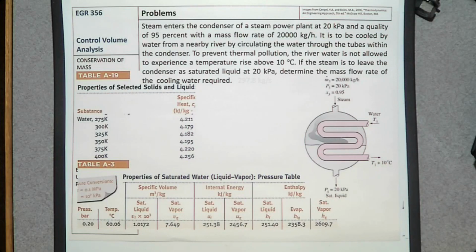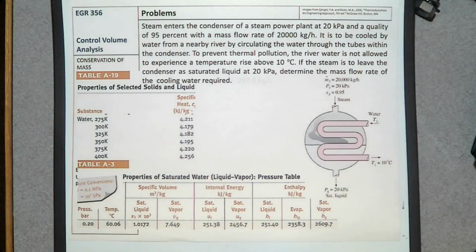If you decrease the condenser pressure, you can increase the enclosed area of the Rankine cycle to increase the efficiency. You can go check EGR456, chapter 8. The lower the condenser pressure, the higher the thermal efficiency you can achieve because you can produce more work.